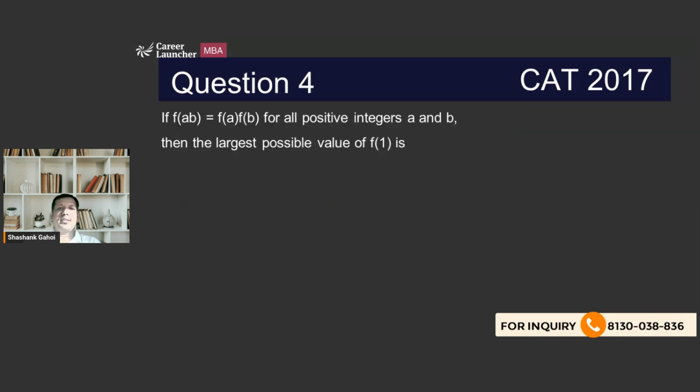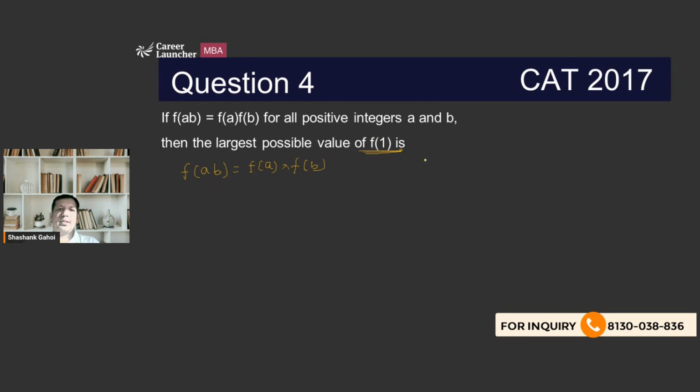Okay. Now this says that f of a into b is equal to f of a into f of b. Now the question is saying then the largest possible value of f1. And there is no other information given to us.